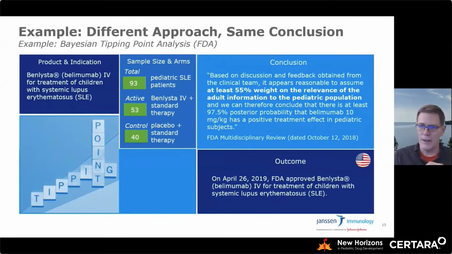The FDA found that based on discussion and feedback from the clinical team, it was reasonable to assume at least 55% weight on the relevance of the adult information to the pediatric population, and therefore concluded that there was at least a 97.5% posterior probability that belimumab was in fact effective.